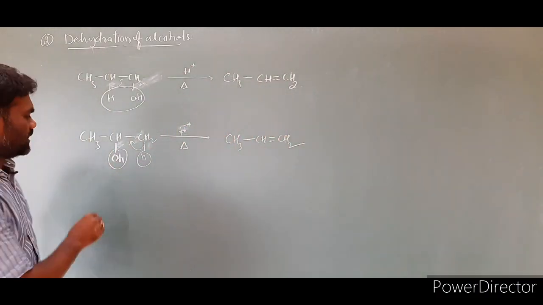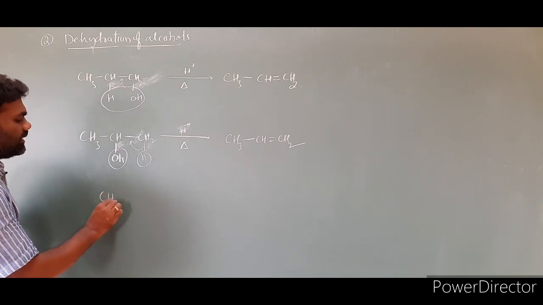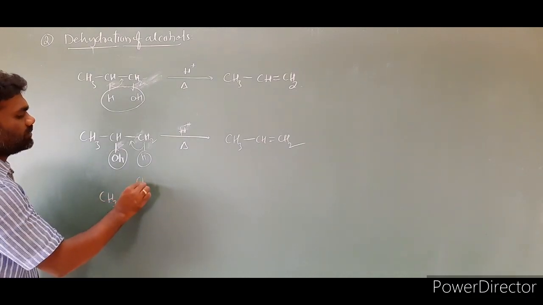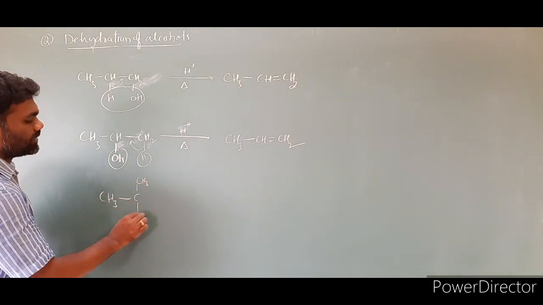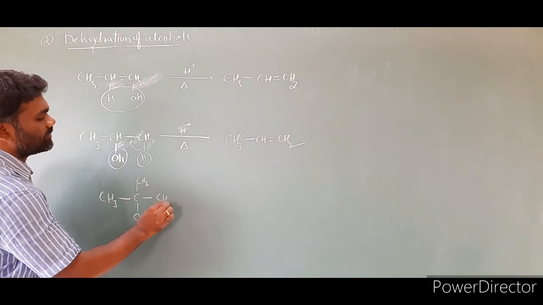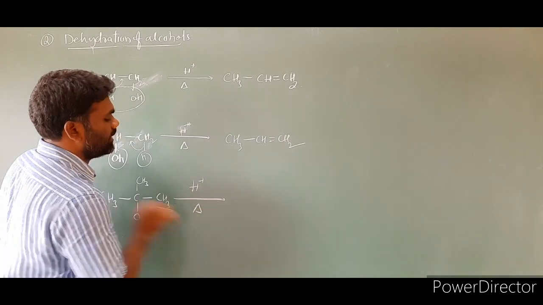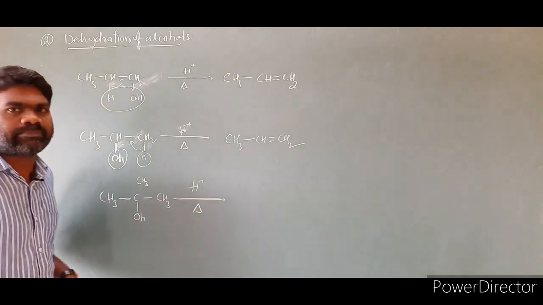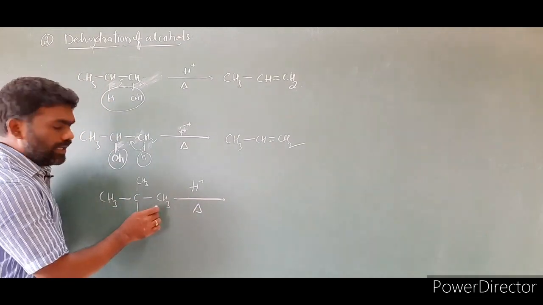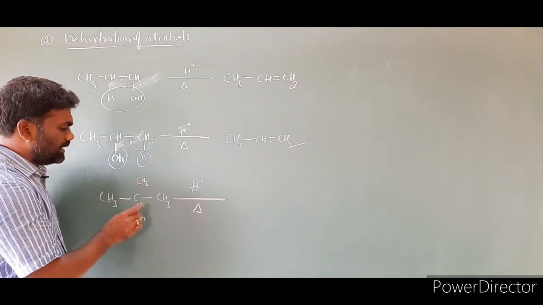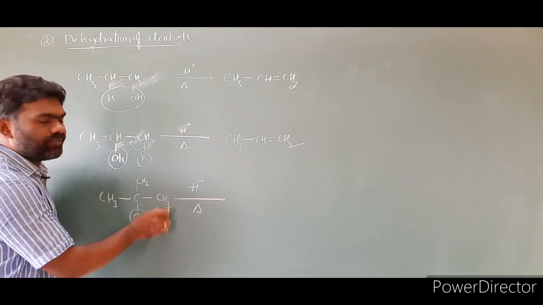I am taking another example, CH3, CH3OH, CH3. This is the alcohol I took, H plus followed by heat. Then what is the product we can expect from here? In this case, the carbon the OH is attached to is attached to 3 different carbons.